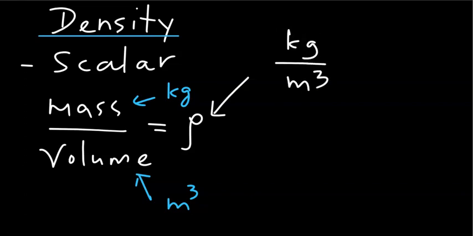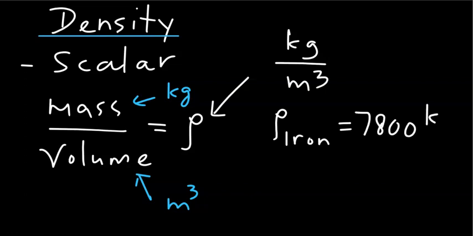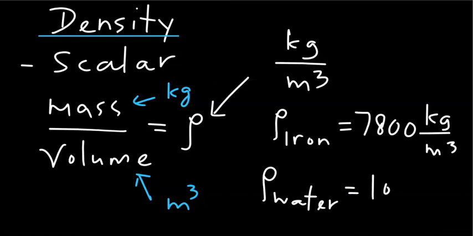For example, the density for iron is 7,800 kg per cubic meter, and the density for fresh water is 1,000 kg per cubic meter. So as you can see, iron is more dense than water.